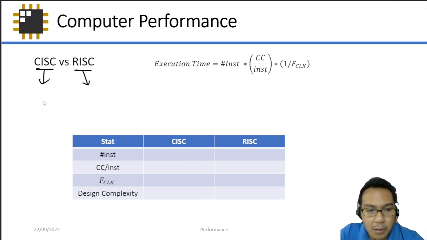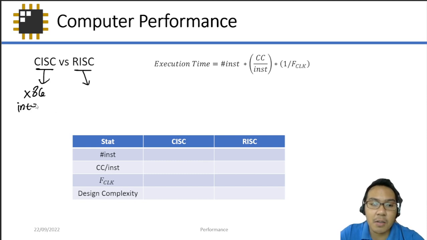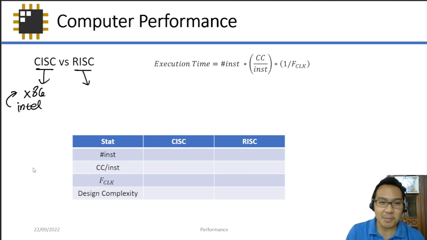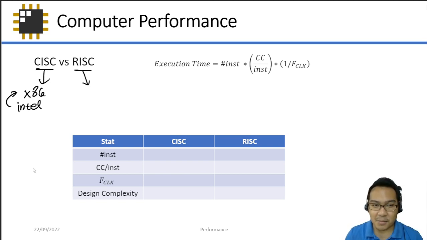So, real world examples: an example of a CISC computer is the x86. If you're using an Intel processor right now, that is basically what it has. You can also see that your Program Files (x86) folder is named that because those executables are written in x86 machine code.